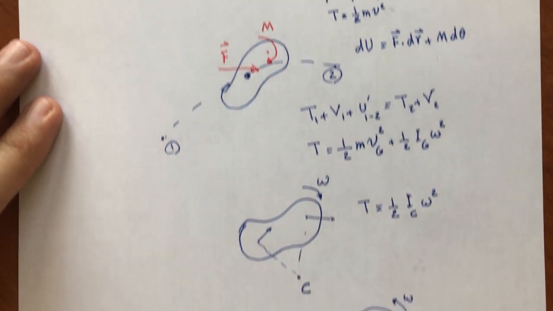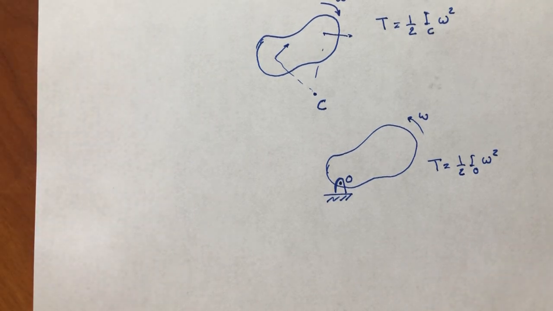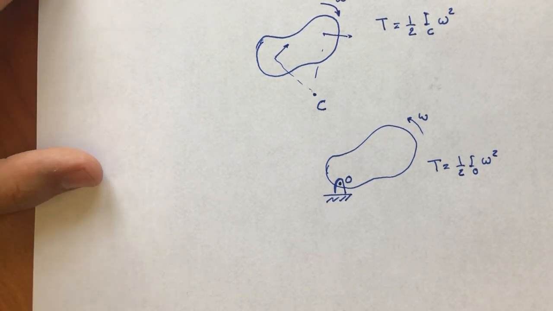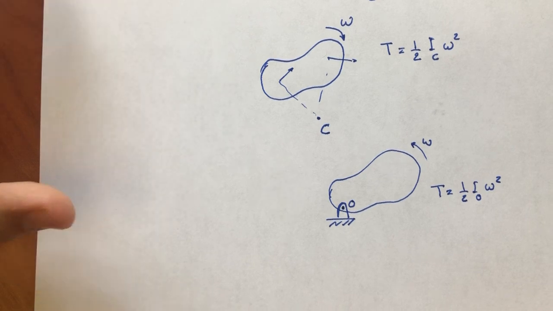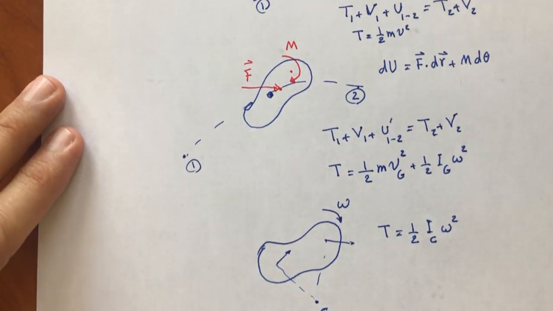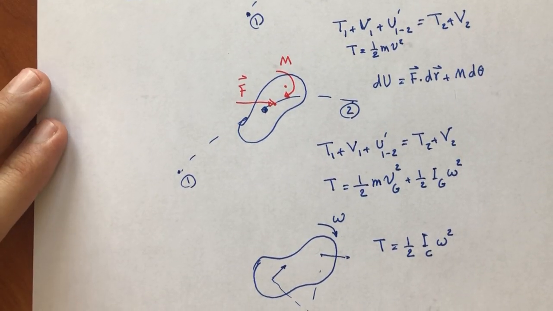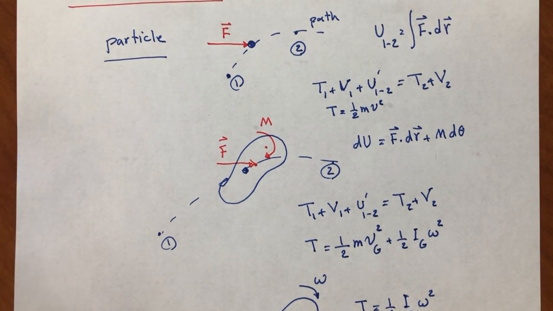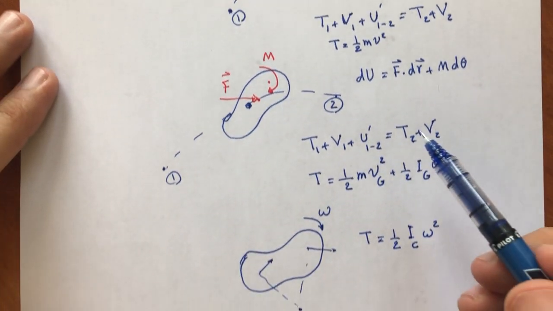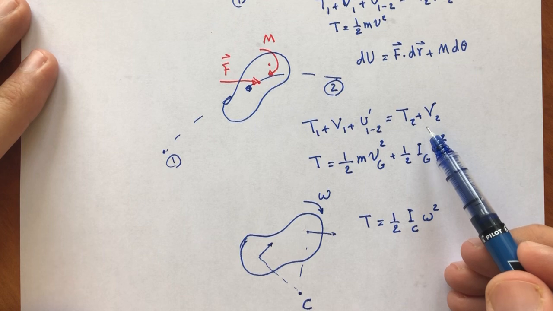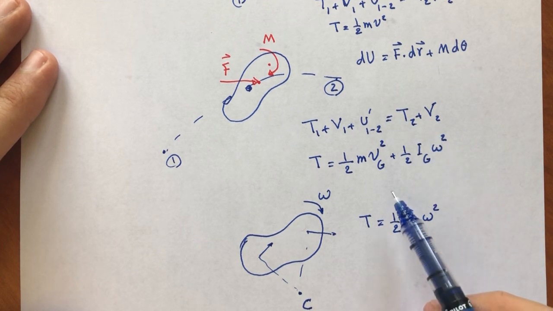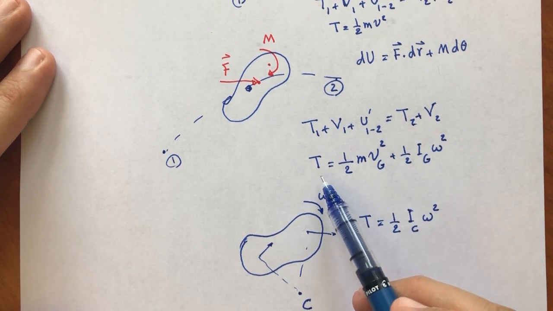So this is a quick overview of this technique, the work energy equation, and I'm going to show how these equations work in practice. Just to recap, we are going to have exactly the same equation as we had for the particles. The only difference is going to be the kinetic energy.